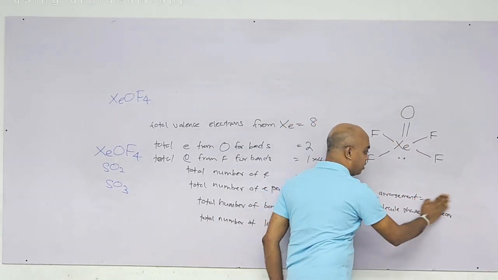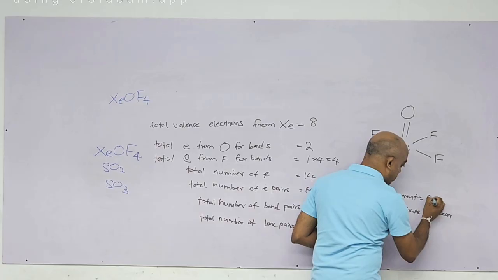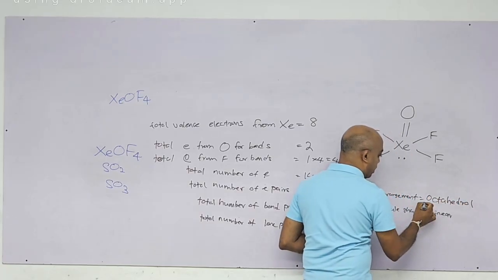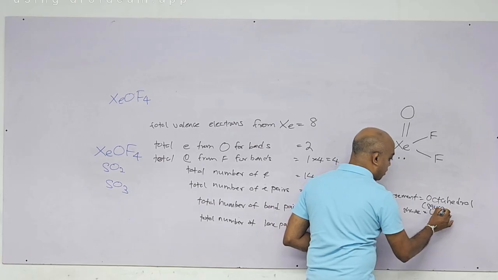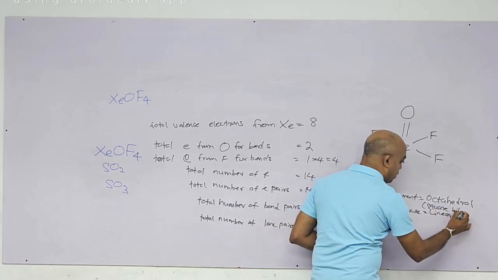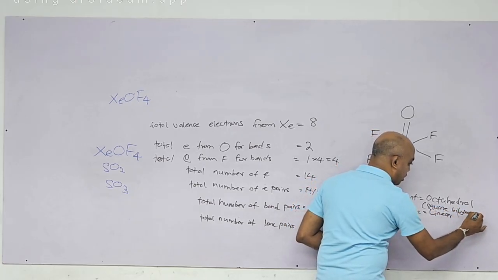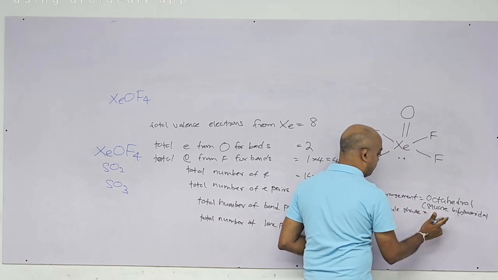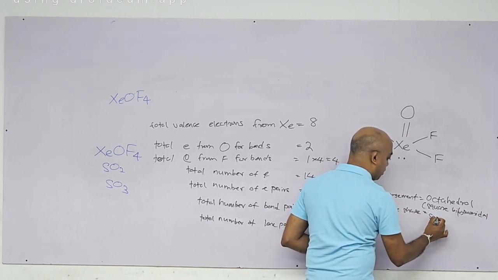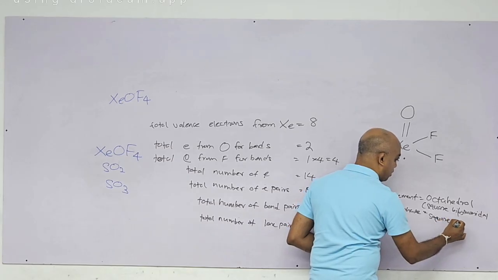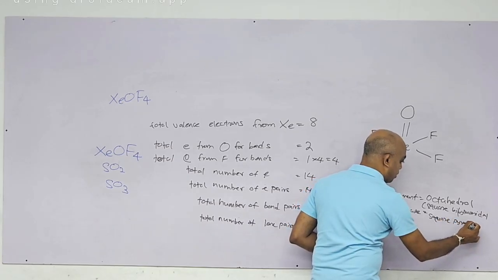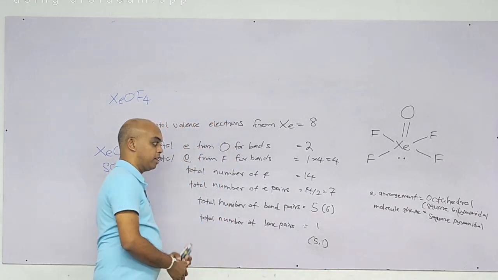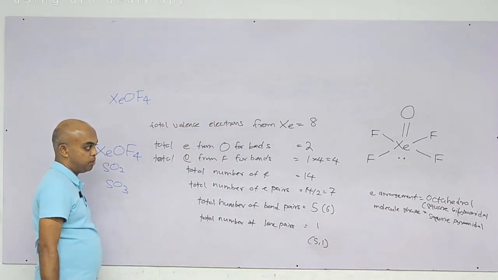Electron arrangement is octahedral, or you can say square bipyramidal. Molecular shape is square pyramidal.